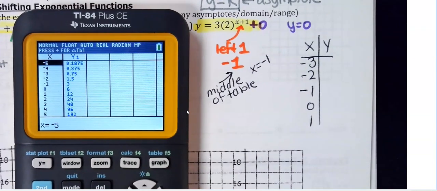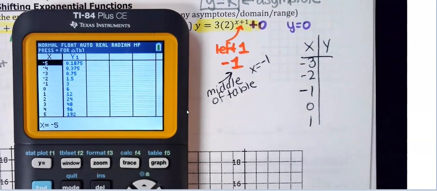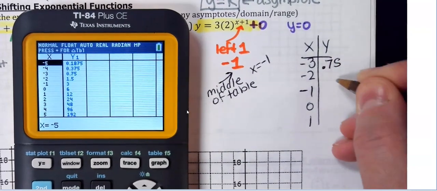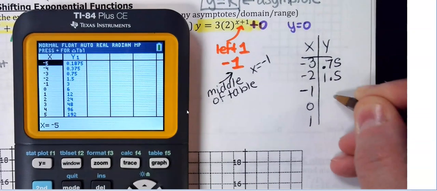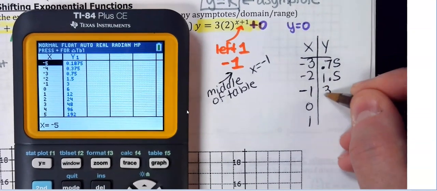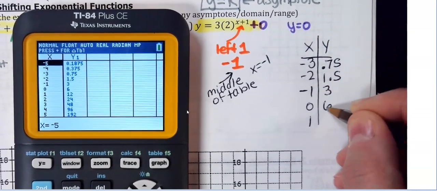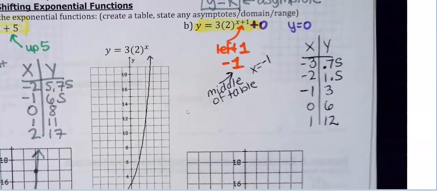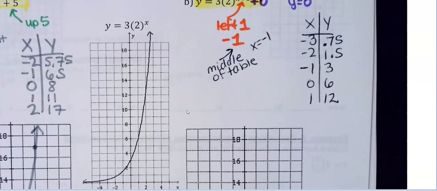And I'm going to start here. I'm going to look at -3 is about 0.75, -2 is 1.5, -1's at 3, 0's at 6, and 1 is at 12. And if you guys want to, I'm just going to have you look at the parent function here in the middle just real quick.